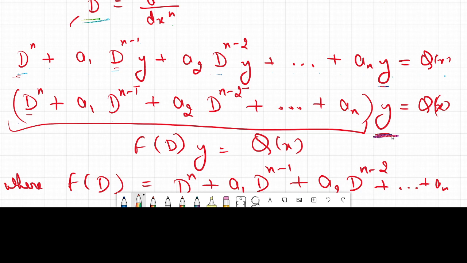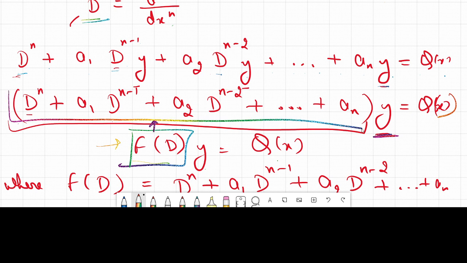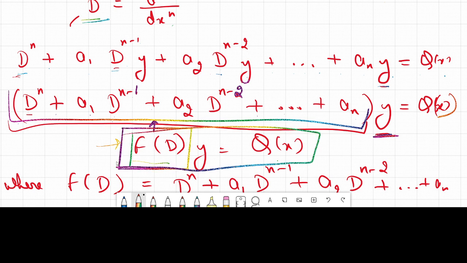If we take y common, then the general equation will be f(D) y is equal to Q(x), where f(D) will represent this whole operator, that is D^n plus a1 D^(n-1) plus a2 D^(n-2) plus dot dot dot plus an. Okay, so this will be the equation.